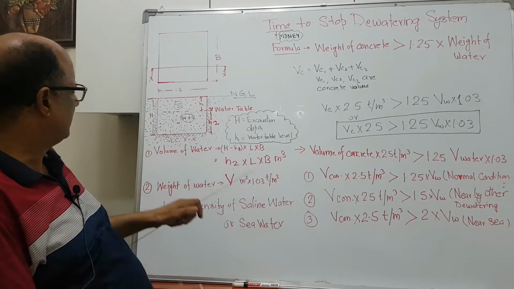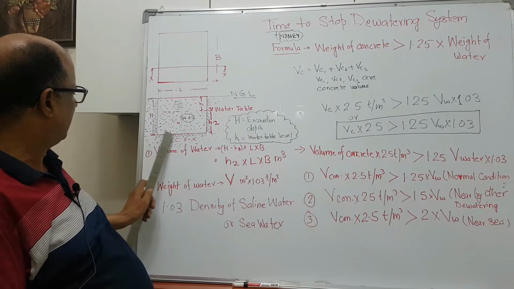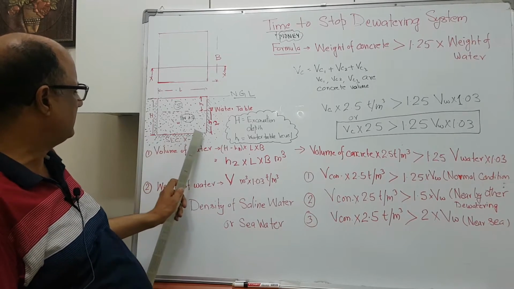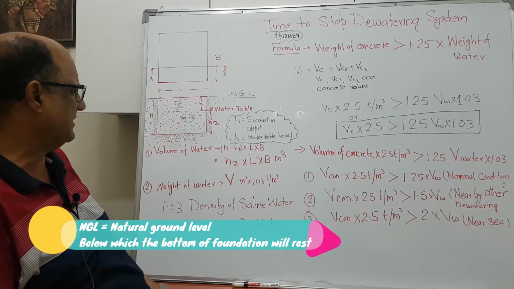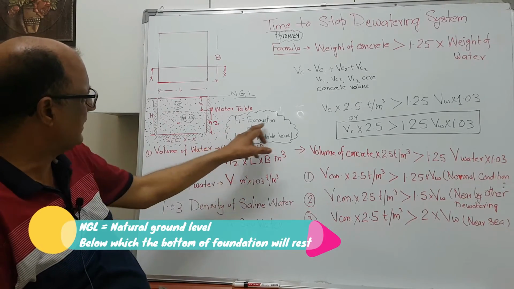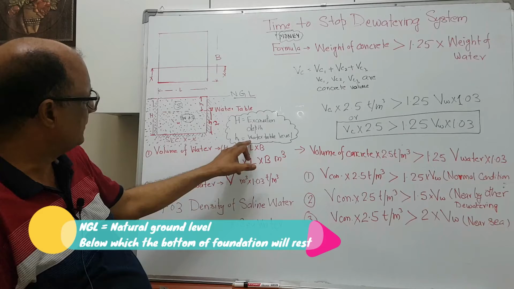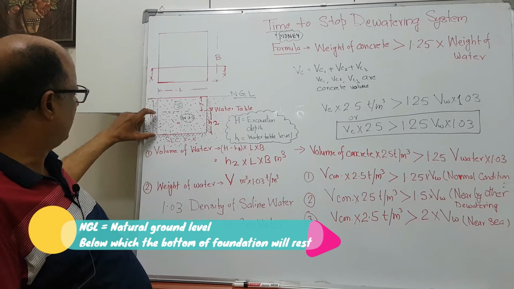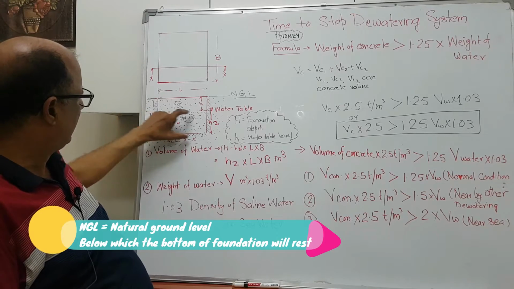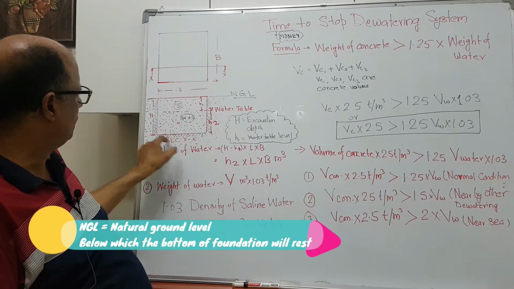Now our excavation is up to the formation level. Formation level is the bottom of the concrete, or the bottom of the raft, or the bottom of the foundation, I can say. So H is the excavation depth and H1 is the water table level. So we should calculate H2 and this volume.